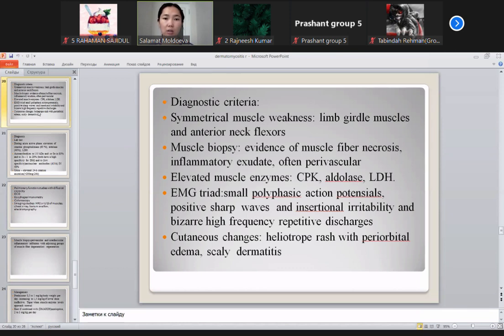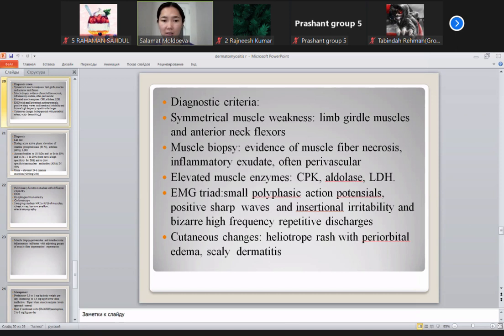Diagnostic criteria of dermatomyositis: symmetrical muscle weakness, which might be absent if it's the atypical form, you remember. Muscle biopsy, fibrosis, necrosis, inflammatory exudate, might be absent if it's atypical. Elevated muscle enzymes, creatine phosphokinase, and lastly lactate dehydrogenase, might be normal if it's atypical again.